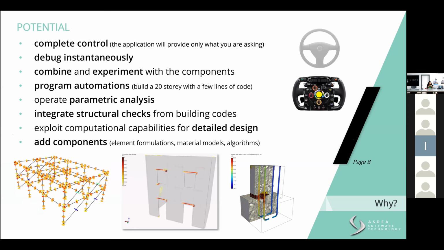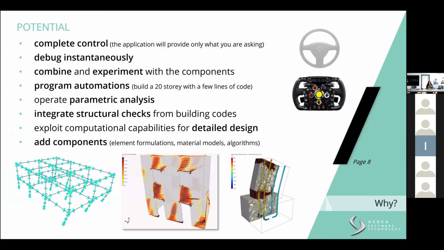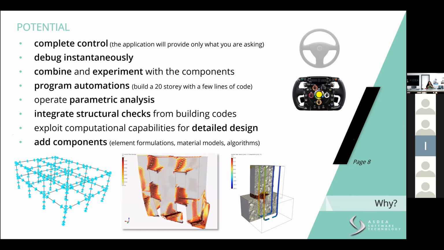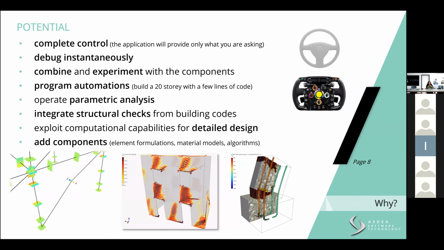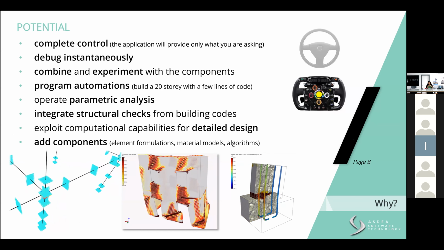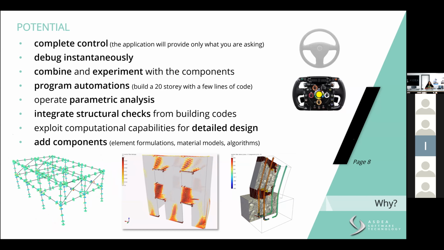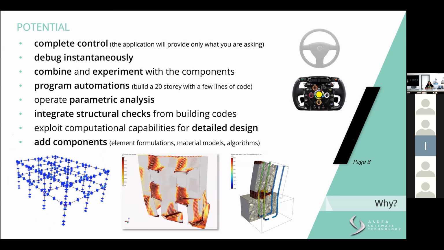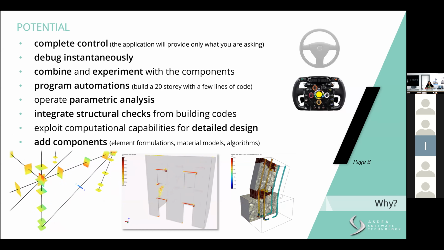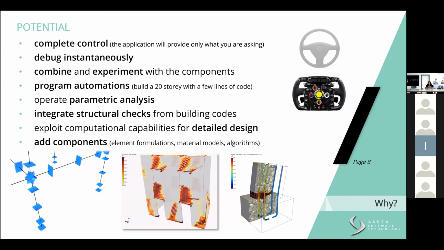So what is the potential of OpenSees? Here on the bottom, I'm going to show you a few of the applications that we've done here in ASTEA. But today we're just going to learn how to make a very simple model. So all of this stuff is still going to seem like space science. But just so you know, with OpenSees you can do a lot of stuff. You can program automations and build large buildings with very few lines of code. You can operate parametric analysis.